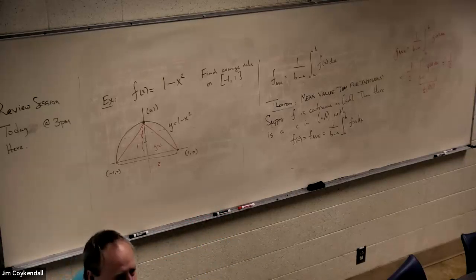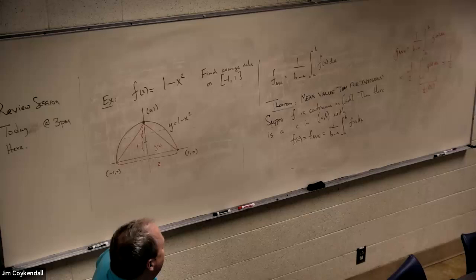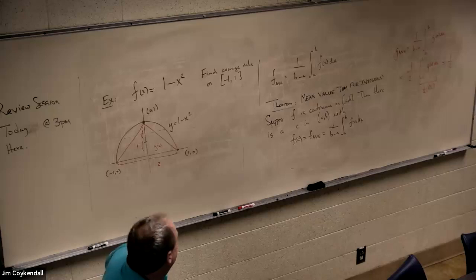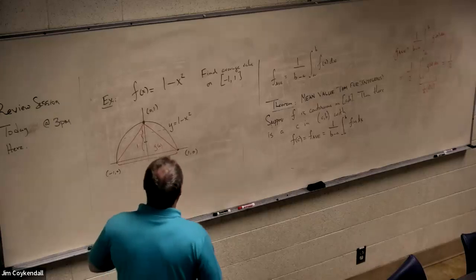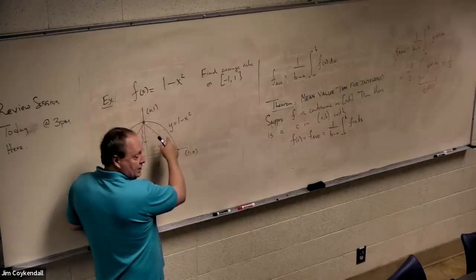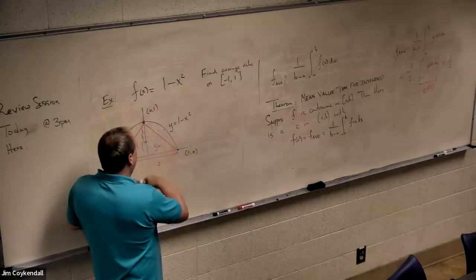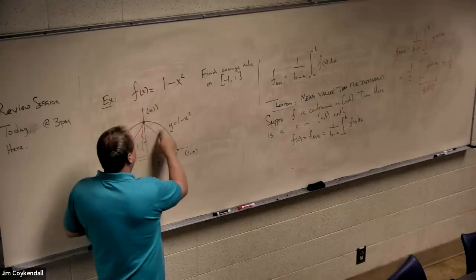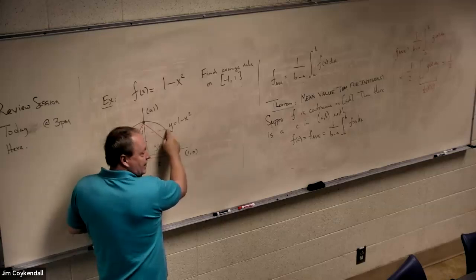Okay, so suppose you have a function that's continuous on [a, b]. There's some point in between a and b where the value of the function is equal to the average value. Let's look at this right here. The average value of the brown function was about 2/3. So if this is 2/3, there you go. It's about right here.